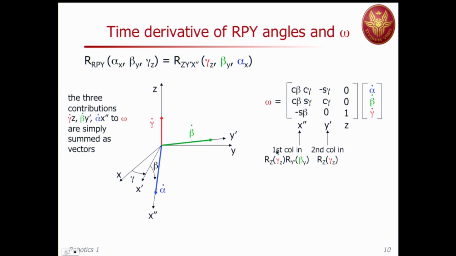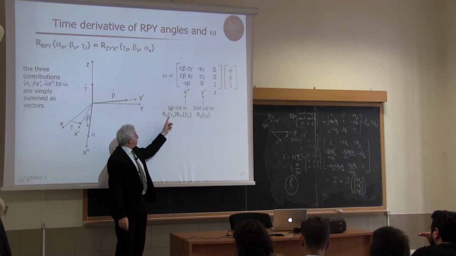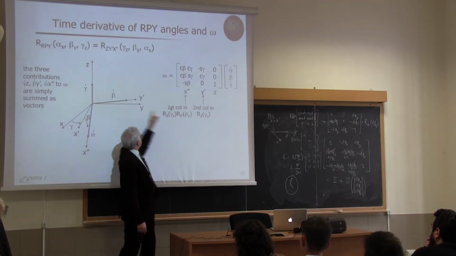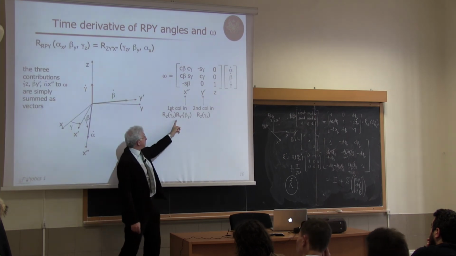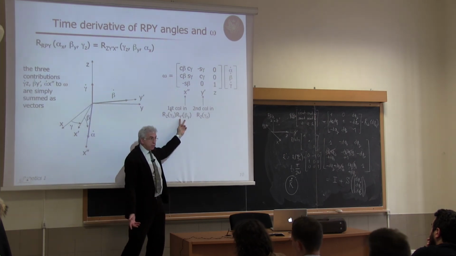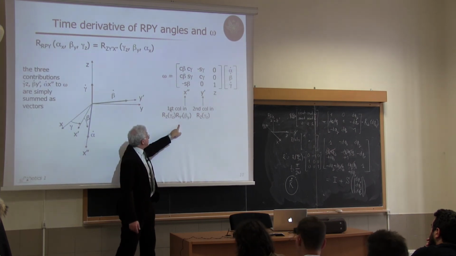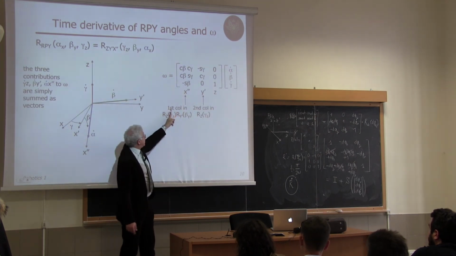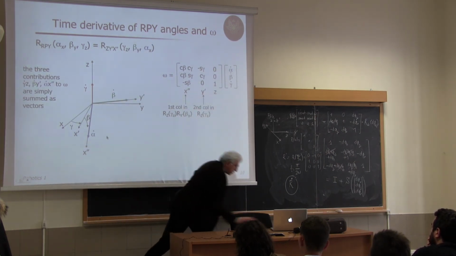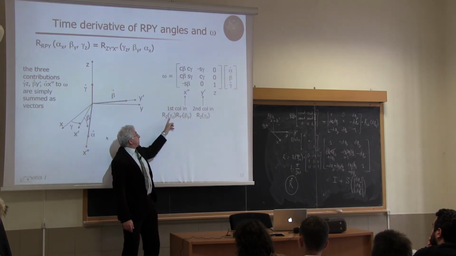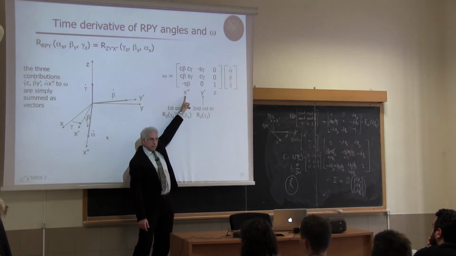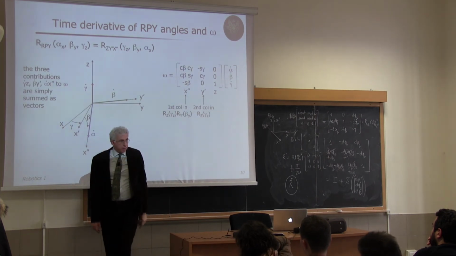So x double prime is the unit vector along the x-axis after the first two rotations. So I do my first rotation by the angle gamma, then a second rotation around the moved axis y prime, represented by an elementary rotation around the current y-axis by an angle beta. I do this product, and then since I'm looking at the x-axis, I need to take the first column of this, and this first column is exactly this one. Okay?